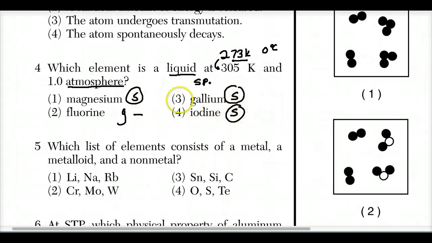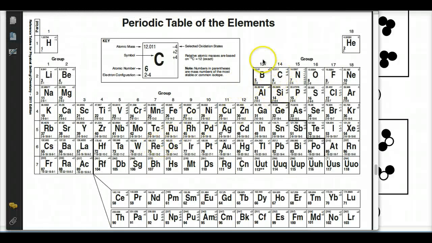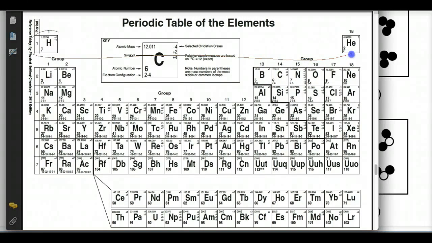Now if you didn't know everything I just talked about here, let's go to the periodic table. And wow, there it is. Okay, so here's a periodic table, and here's what you should know. You should know that these guys are gases. I call this the backwards L rule.